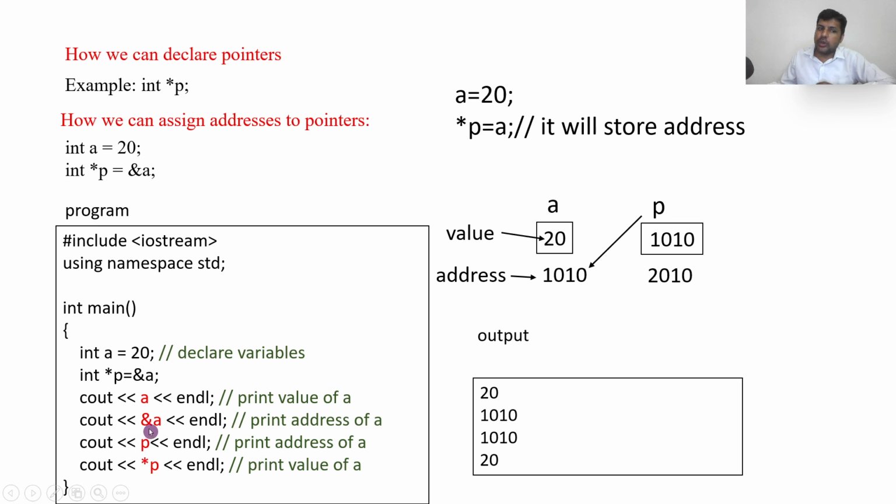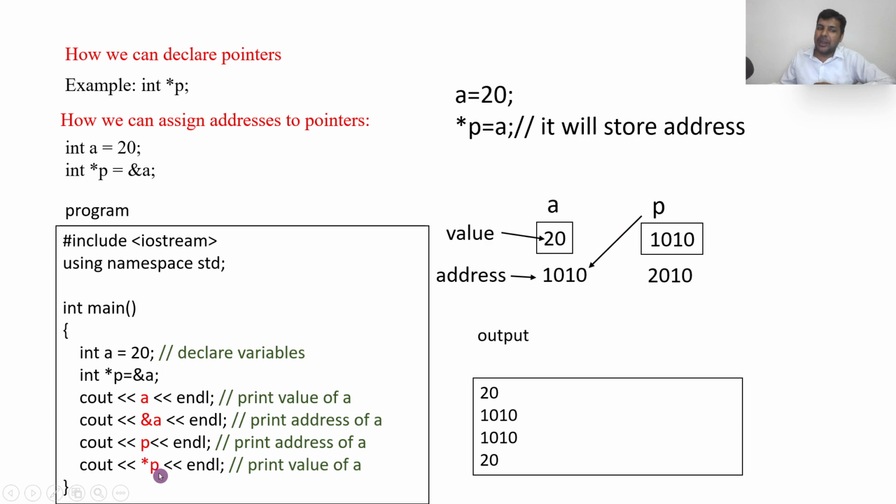And if I say cout &a, it will print 1010, because &a is nothing but the address of a. Now if I say p, see, again it is printing 1010. Now p only stores the address. And if I say asterisk p, then it is printing 20. That means when you write asterisk p, it will print the value at the address. That's the difference between p and asterisk p.